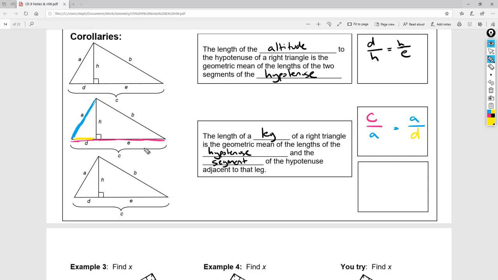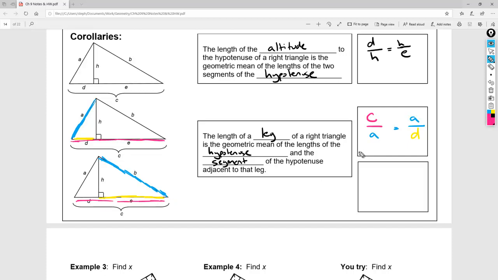So we're using the hypotenuse, the section of the hypotenuse adjacent to my leg, and then the leg. Okay, and then obviously this would work for the other leg as well. So if we used B instead of A, then this time we would use segment E, and we would still use the entire length of the hypotenuse, C.